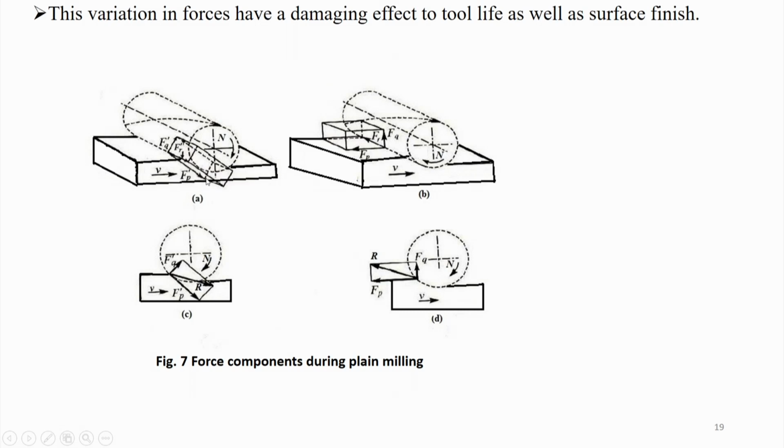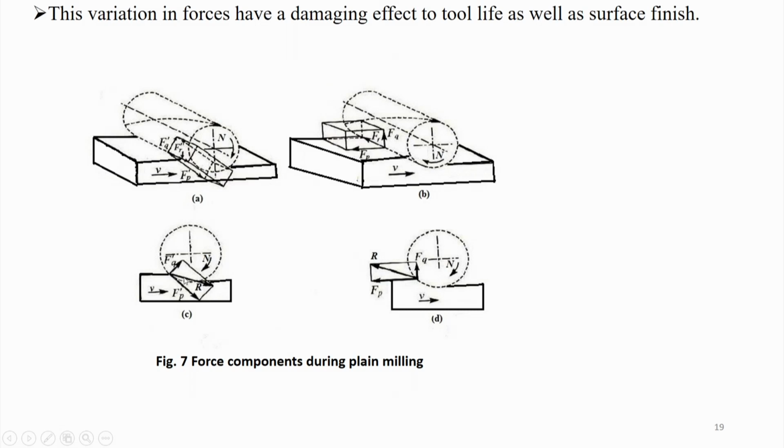You are seeing that this is Fp prime, then Fq prime, and this is Fr prime in their perpendicular direction, and in this simple system this is Fp, Fq and Fr horizontal, with reference to the table. In plane milling, in straight cut milling, there is Fp prime, Fq prime, and this is going like that.